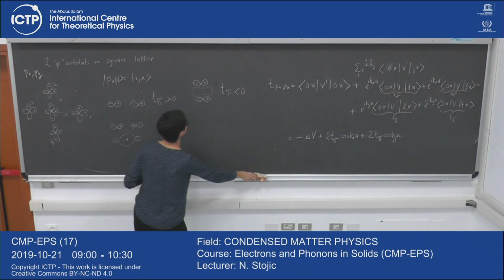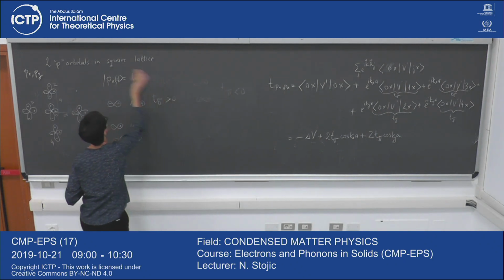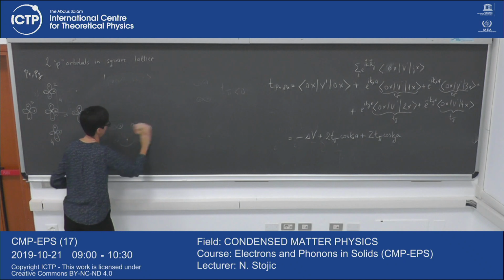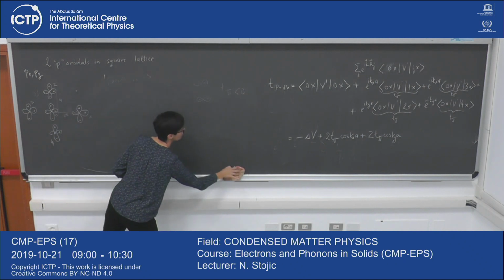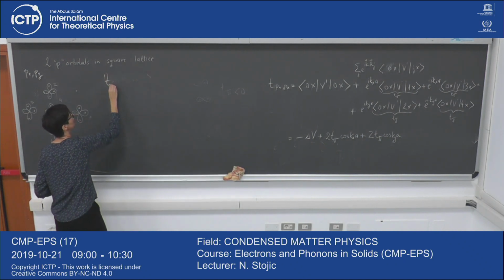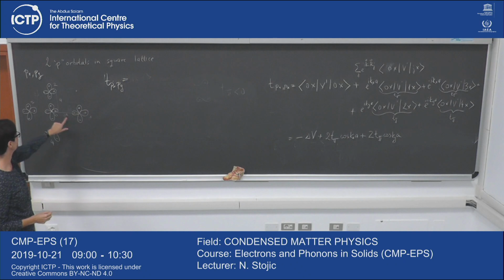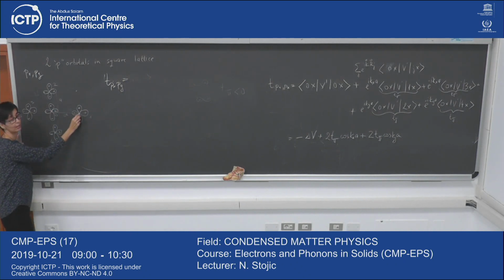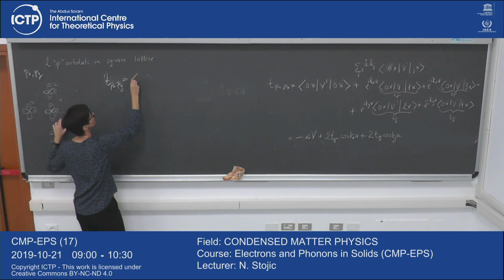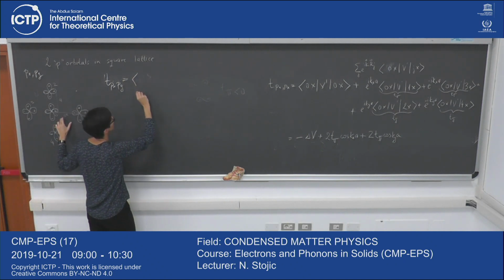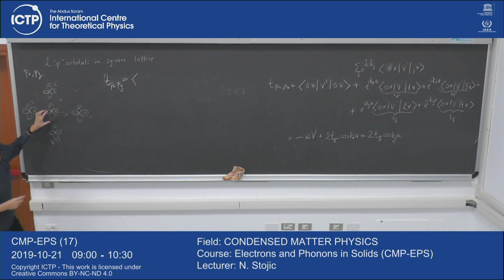I will have to remove this. So will be the first term with the first neighbor. So this x with this y. So I get first, well, X and Y cannot interact.